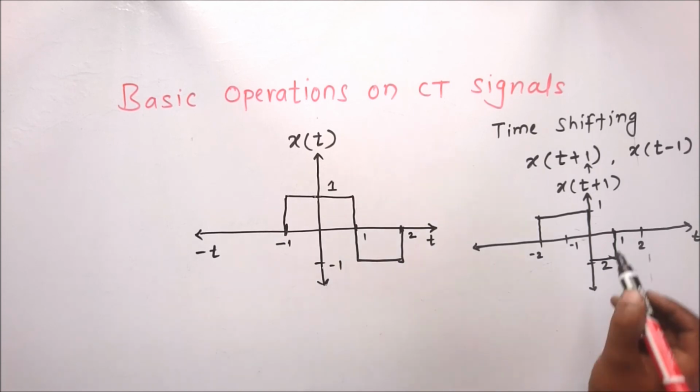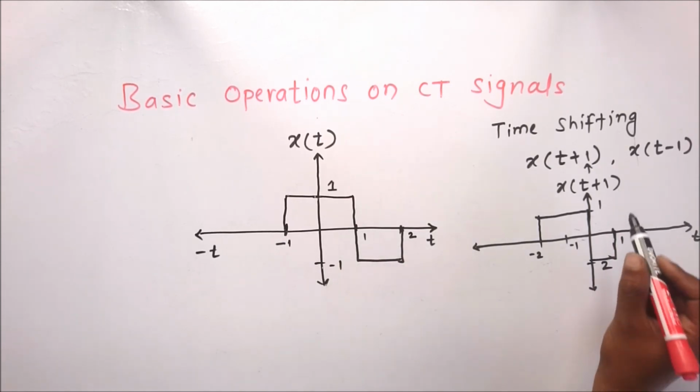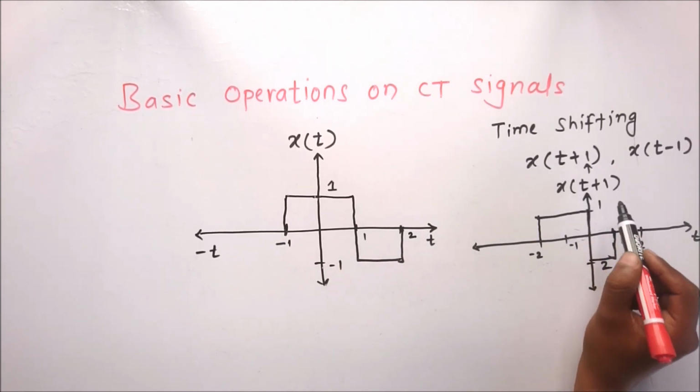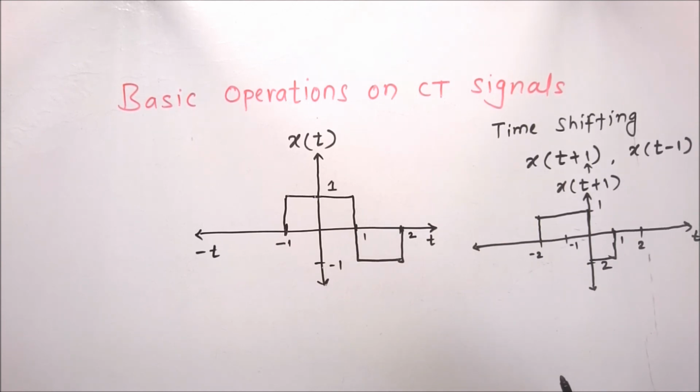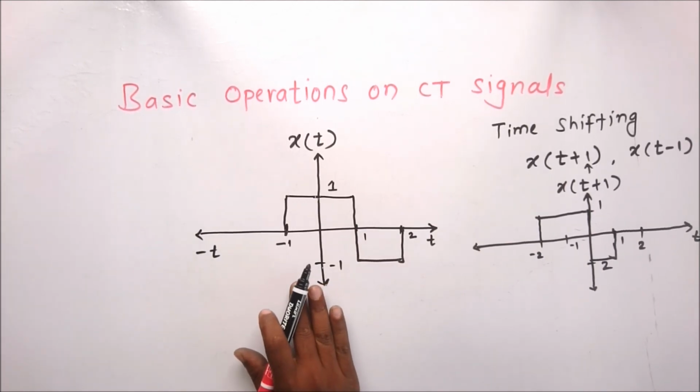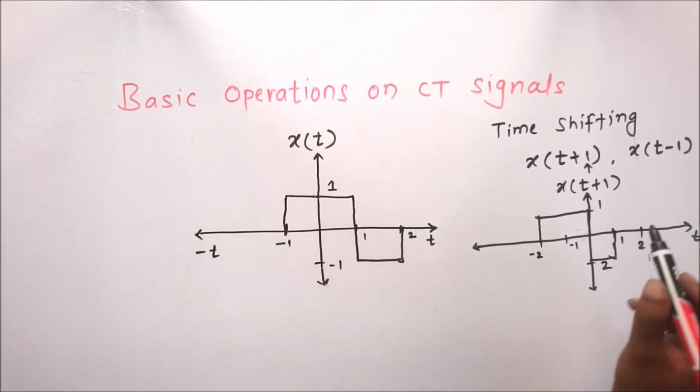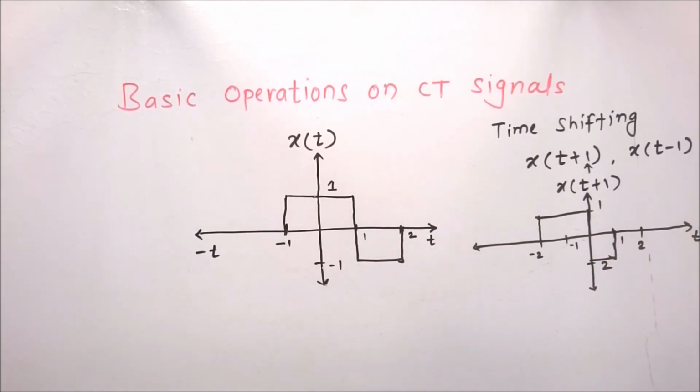This is the resultant. We have seen x of t plus 1 is nothing but advance operation. The signal is shifted to the left hand side by the given time.